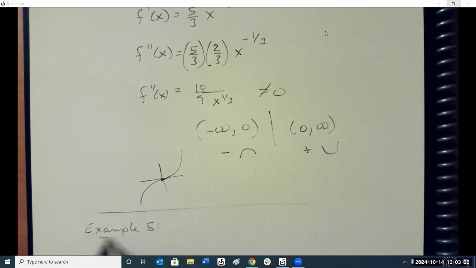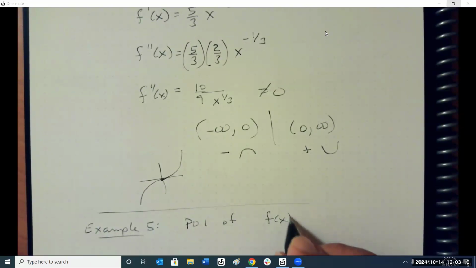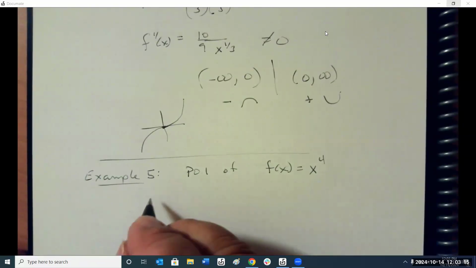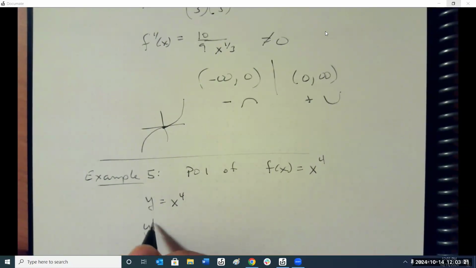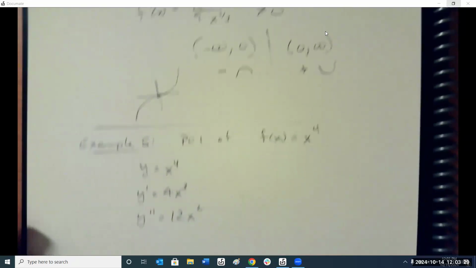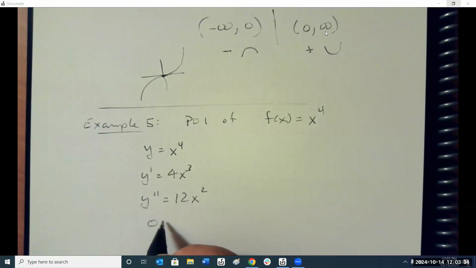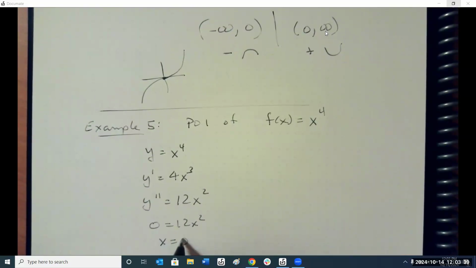Example 5. POI of f of x equals x to the 4th. First derivative is 4x cubed. Second derivative is 12x squared. Set it equal to 0. X equals 0.